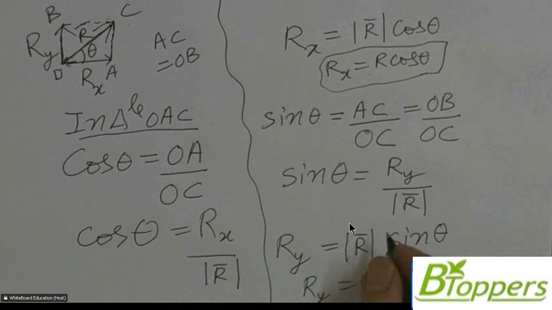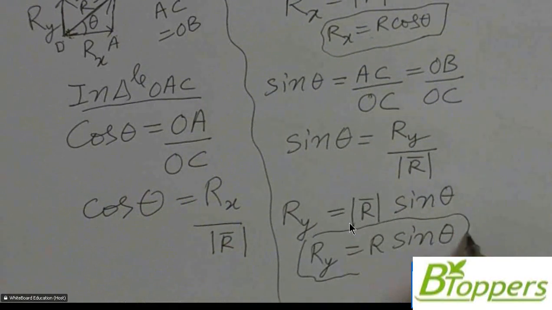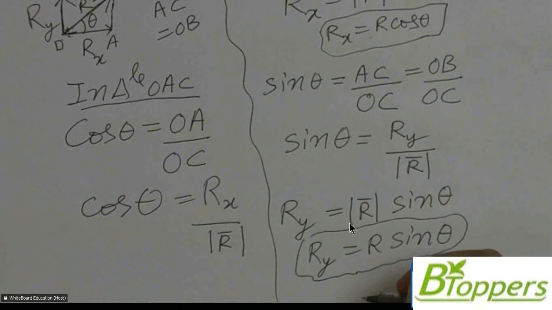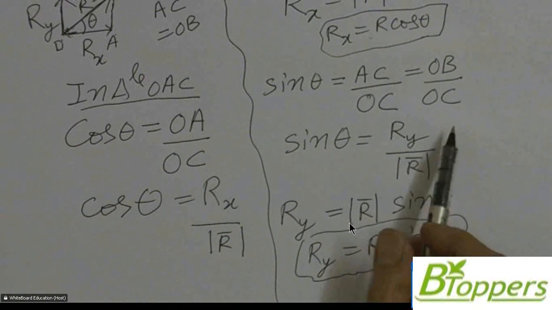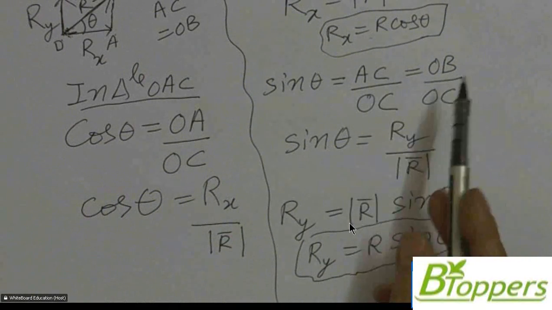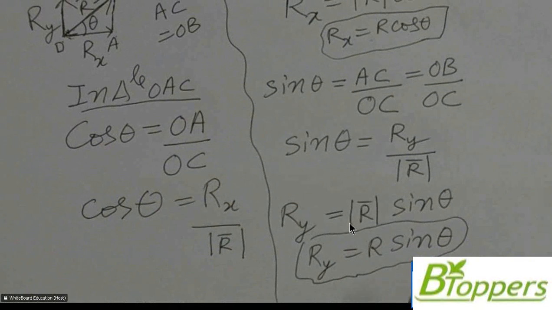That means if the vector r bar lies in the xy plane and makes an angle theta with the positive direction of x-axis, then the x component of the vector is given by rx equal to r cos theta. The y component of the vector can be written as ry equal to r sin theta.